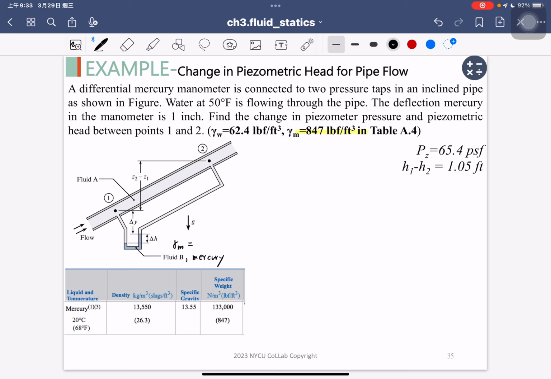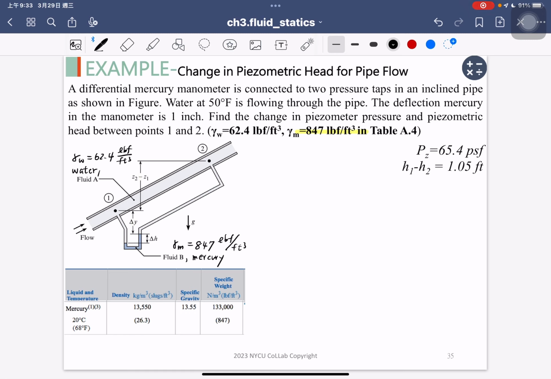We know that gamma M is equal to 847 pound force per cubic foot. Okay, and right now the flowing fluid A is water. So we know that for water, gamma W will equal 62.4, also in pound force per cubic foot.